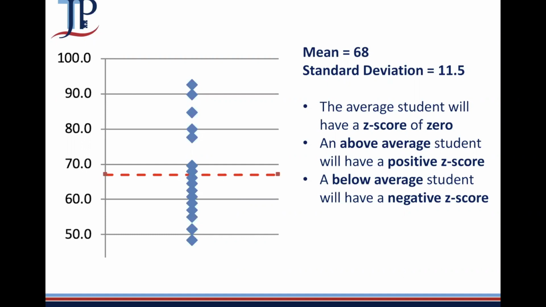If you've got a Z score of 0, you are spot on average, for whatever group that is. And that could be different between different subjects, but a Z score of 0 means you're average. If you are above average, you've got a positive Z score, and if you're below average, you've got a negative Z score.